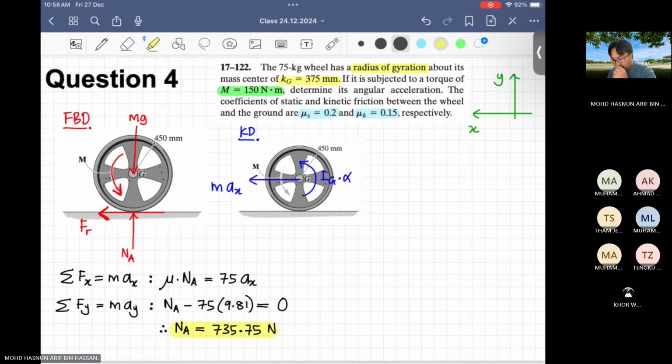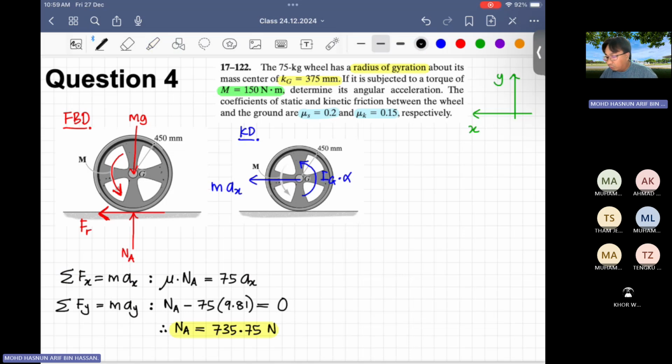All right. And then we can assume first that no slipping occurs. So before we go to the calculation of friction force, whether to use mu s or mu k, let's calculate the moment first.